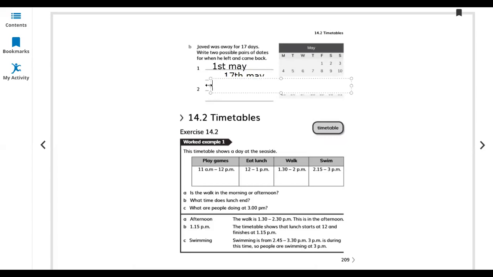And again he left 18th May, and then he counted 17 from 18: 1, 2, 3, 4, 7, 7 plus 7, 14, 15, 16, 17. Then 1, 2, 3 after May, on 3rd June.